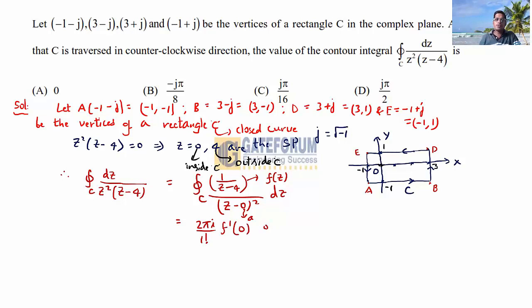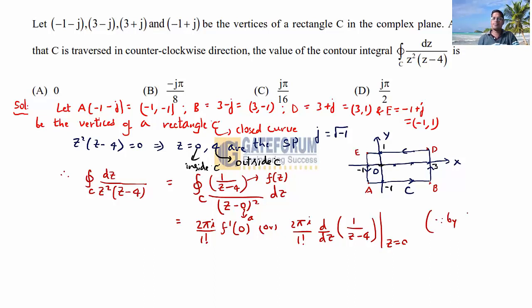Or some people write this as 2 pi i by 1 factorial, the derivative with respect to z of the numerator function 1 by z minus 4. After that, substituting z is equal to 0. So, by Cauchy's integral formula, this is 2 pi i.